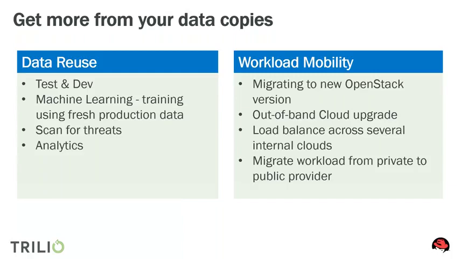The second example is the out-of-band cloud upgrade, where currently the upgrades may not always go that easily. I'm sure our audience has had a share of that pain. In many cases, people choose to stand up a new cloud version first. And now you want the ability to migrate working live workloads from your previous cloud into the new one as fast as you can.